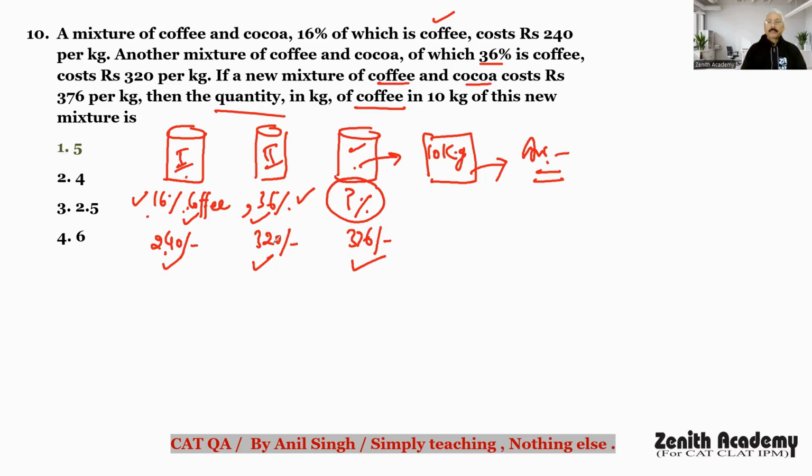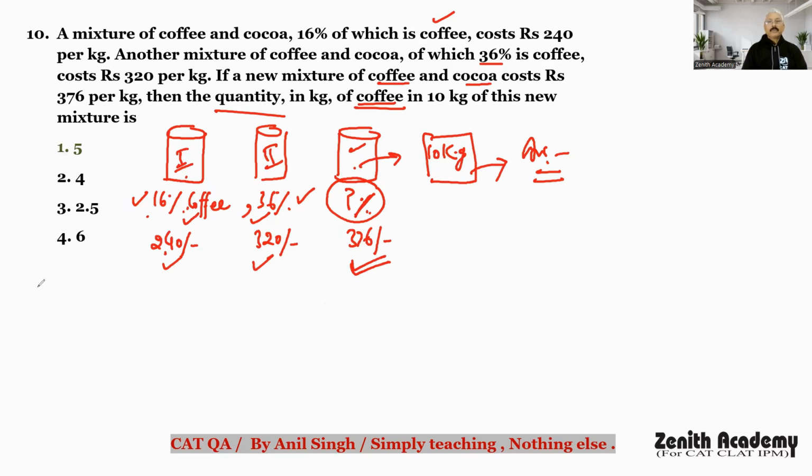Price means cost. In the third mixture, only the cost is given; the percentages of coffee and cocoa are not mentioned. So in such a 10 kg mixture, what is the quantity of coffee? This is our question. Okay.